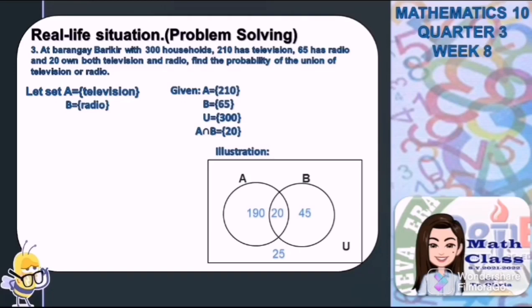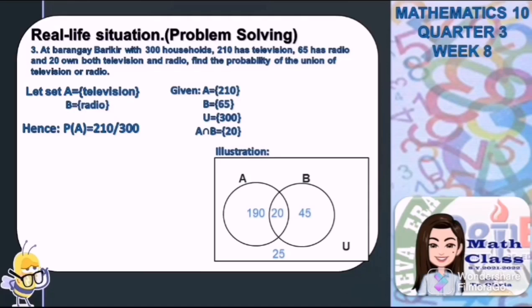So let's see the illustration. You observe in this Venn diagram, when we add the elements that belong to set A, we have 190 plus 20, so the sum is 210. Likewise, in set B, when we add 20 plus 45, that is 65. So that's how to illustrate a given word problem.